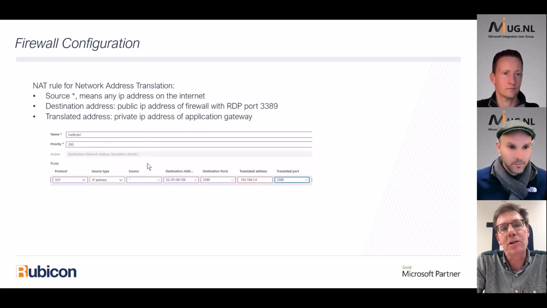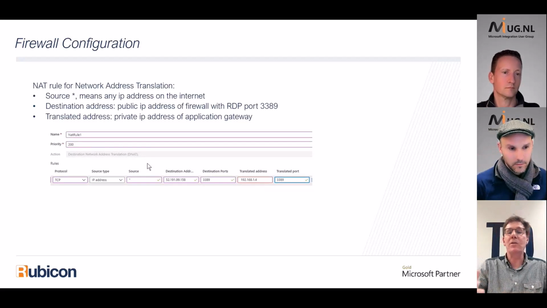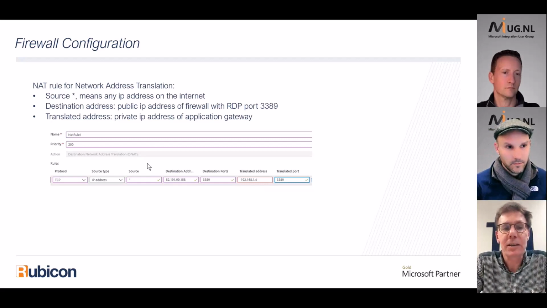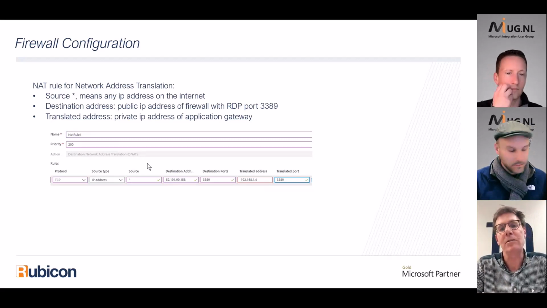And finally, how it works, firewall configuration. Source star means that you can make a call from any IP address on the internet. The destination address is the public IP address of the firewall, and the translated address is the private IP address of the application gateway. And that way you always go from the firewall to application gateway to API management.